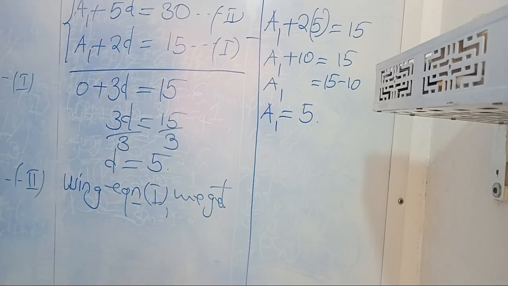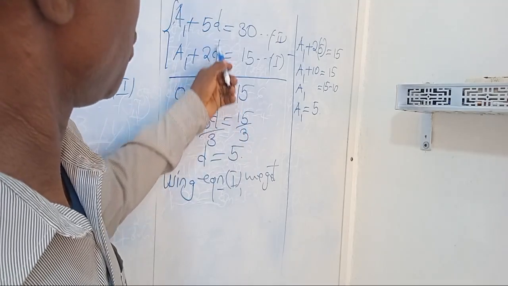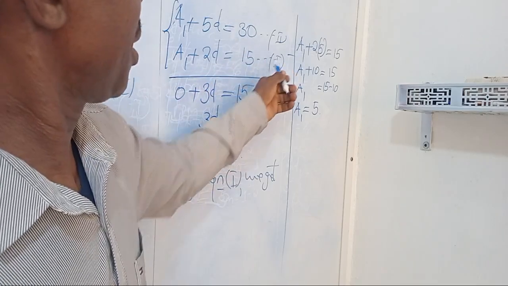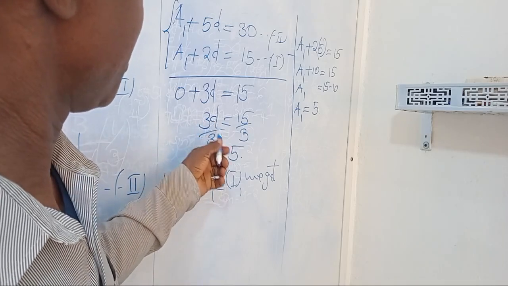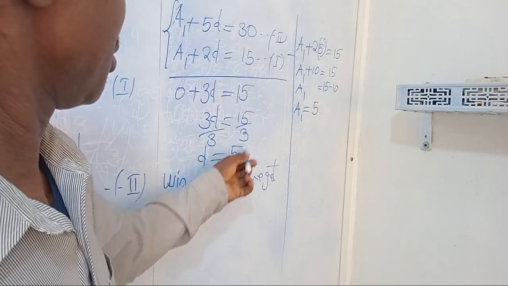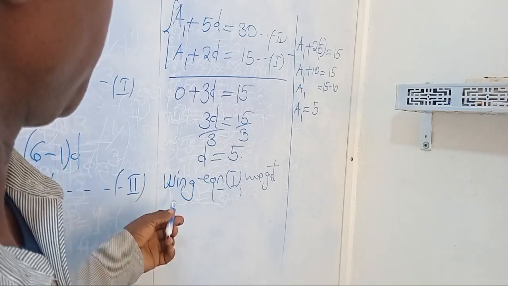Then what do we do? Let's go back. Minus 2d, this is 3d. Then 30 minus 15, we get 15. So we have 3d on the left-hand side equals 15 on the right-hand side. Divided through by 3, we get d equals 5. We can choose to use either of the equations.